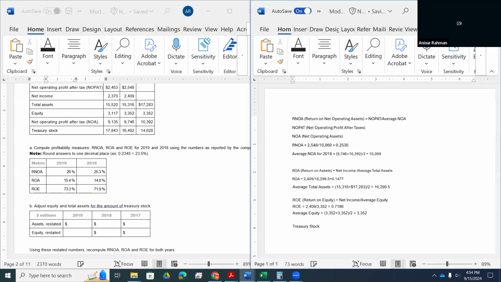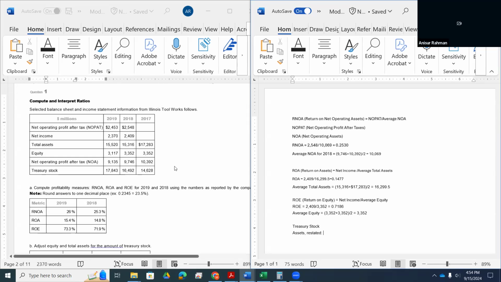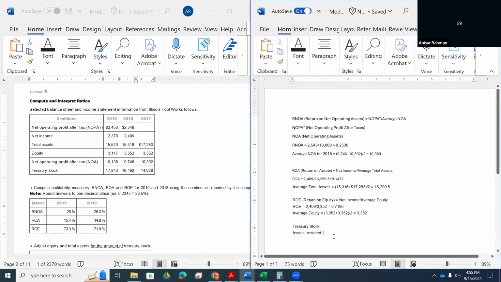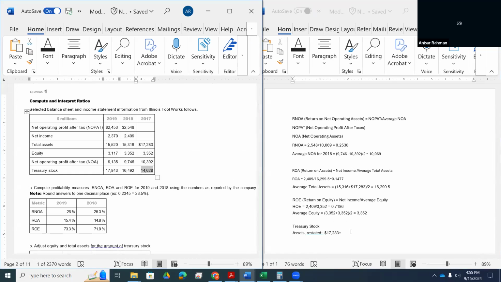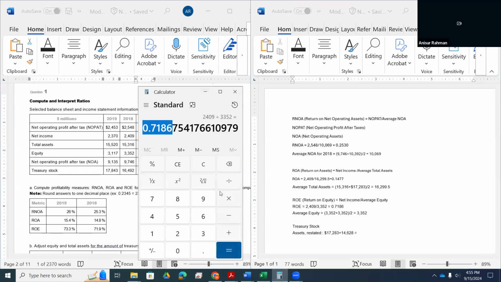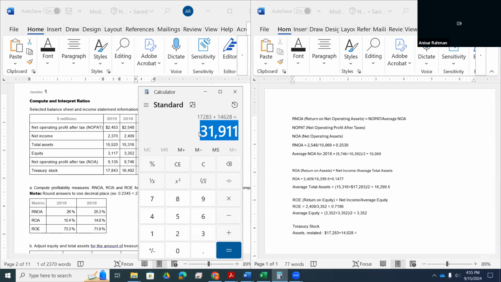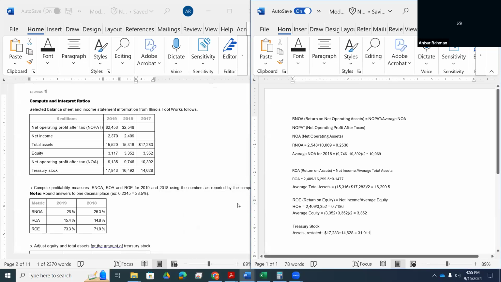So our assets restated will be, for 2017, $17,283 plus our treasury stock of 14,628, which is $31,911.